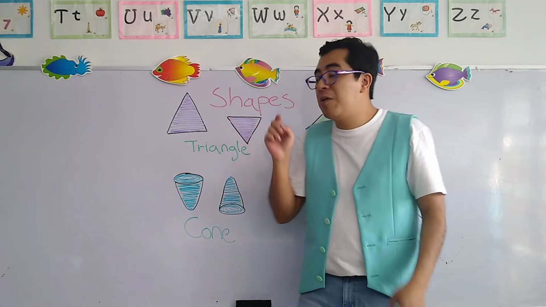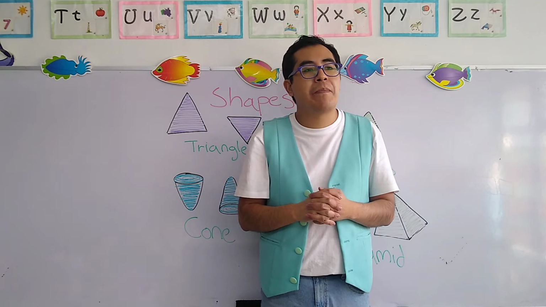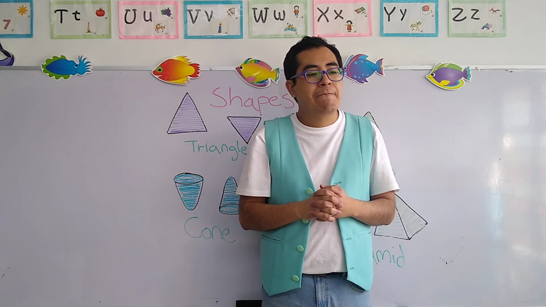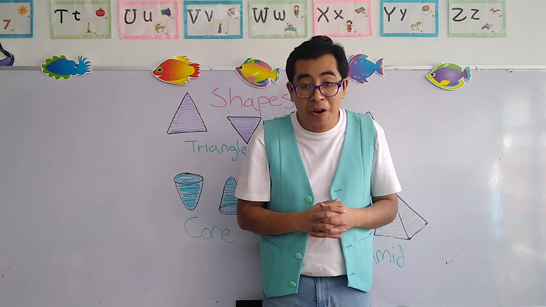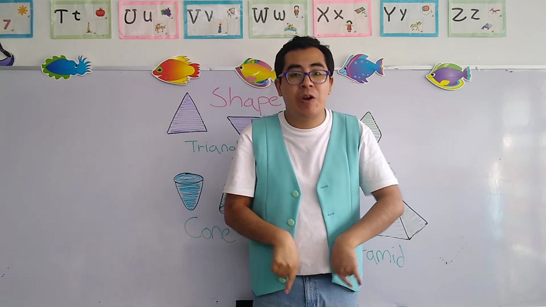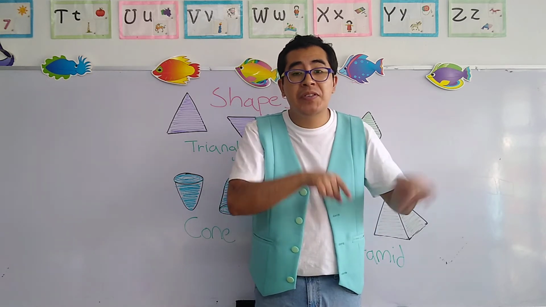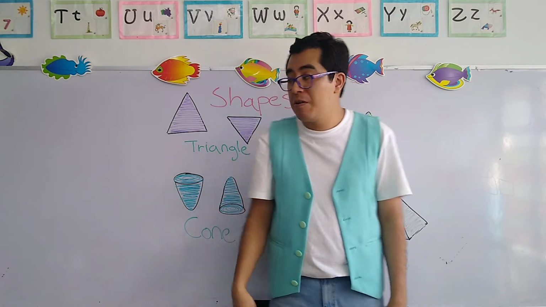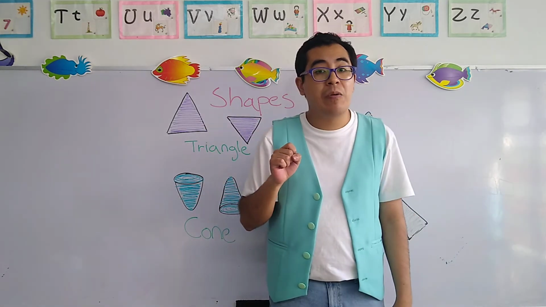Talking about the triangle, let's see another example. Okay, the skirt of a girl. In Spanish, skirt, we already talked about it in the past, it's una falda. The skirt of the girls look like a triangle.